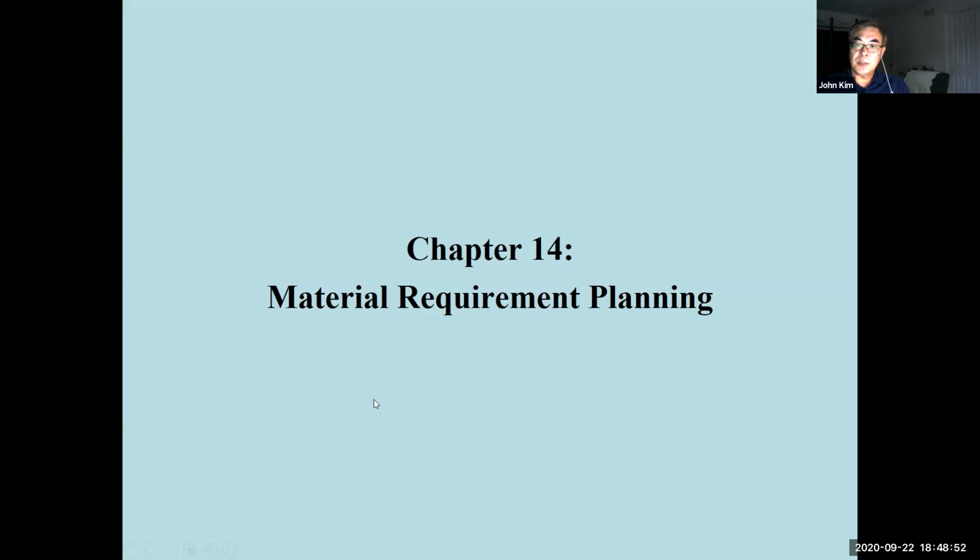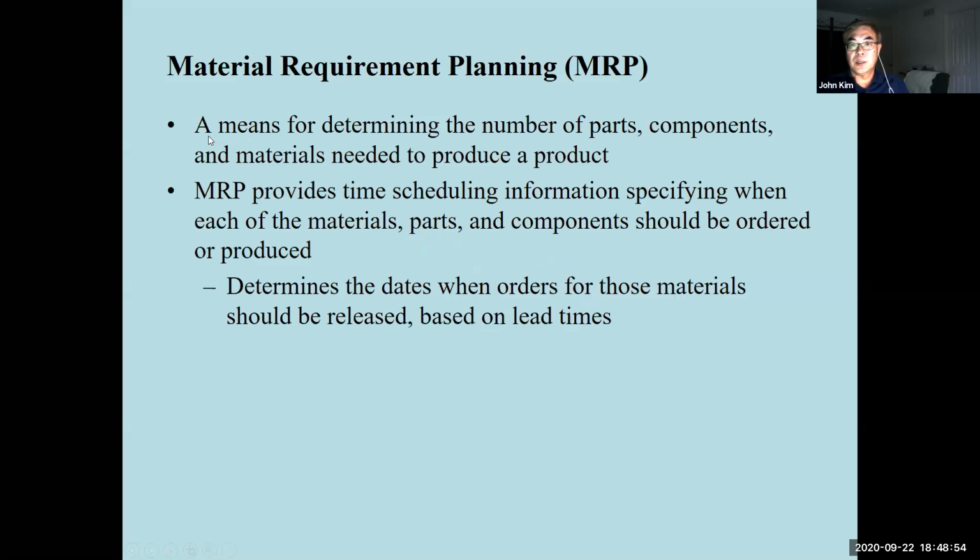The MRP system is a means for determining the number of parts, components, and materials needed to produce a product. So to produce something, they need parts. Using this MRP system, we plan when, what parts, and how many are needed.